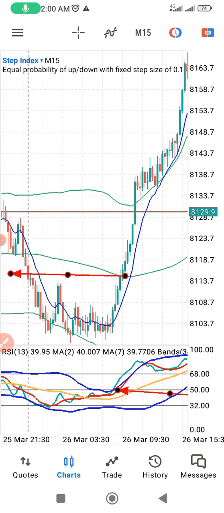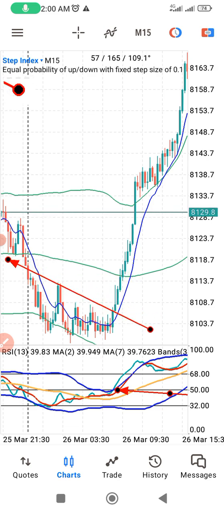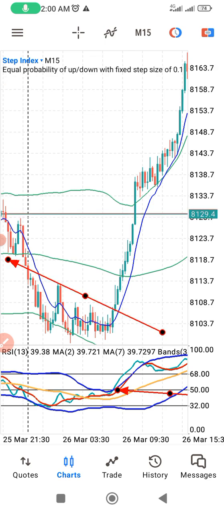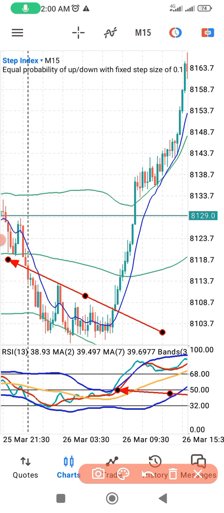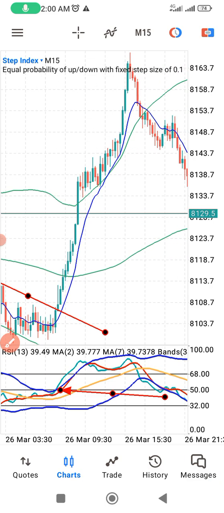All you need to do is use your trend line and mark it. Then you wait for price to break out of the zone, you make your entry, your stop loss is below, and you are good to go. So the Bollinger Band helps us to know the volatility of the market.